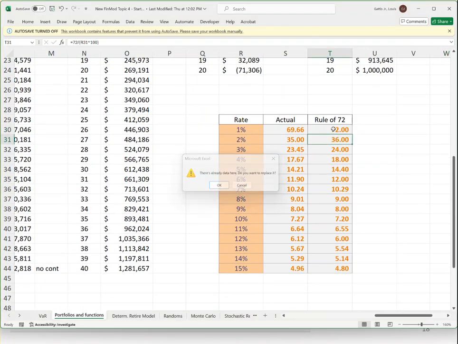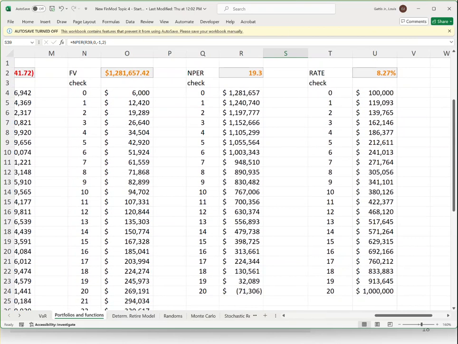Here's the Rule of 72, just taking 72 divided by the rate expressed as a whole number. But you can use the NPER function, number of periods function, and actually calculate it. And you can see the Rule of 72 does pretty well. It pretty much guesses within 1 year of how many years it will take to double your money. So that's the Rule of 72.